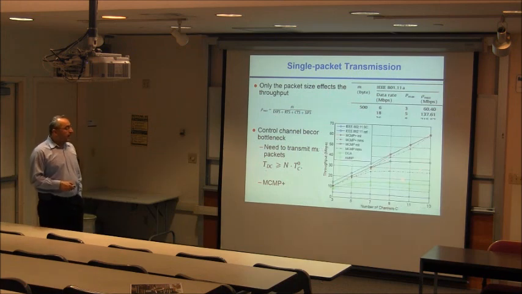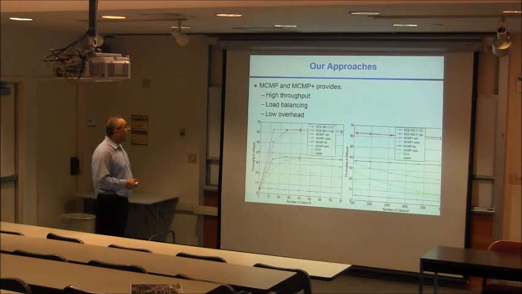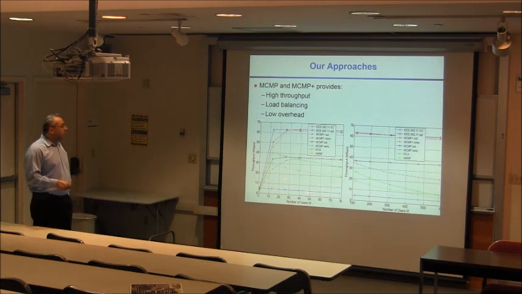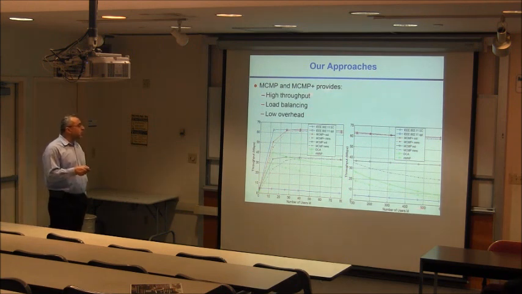And we see that, again, these are the early solutions, single packet. When we allow multiple packet transmission, as you can see, our protocol keeps going linearly with the number of channels. And again, we looked at all the cases, number of users high or low, different packet sizes, and we found that our protocol provides the desired high throughput and balanced load.